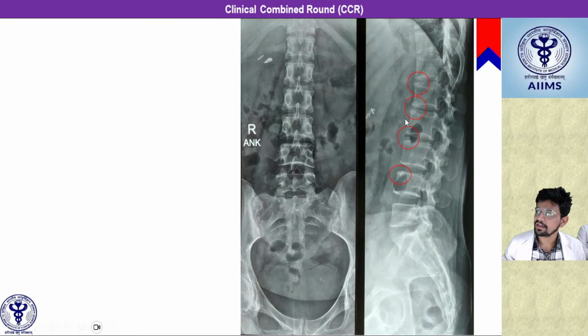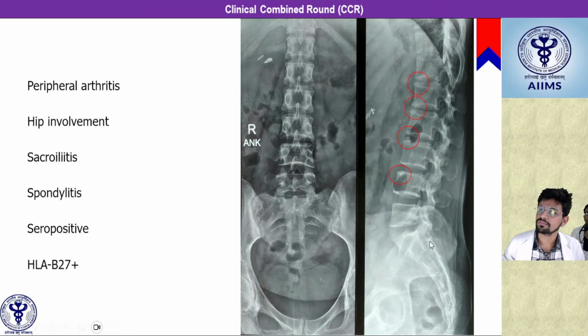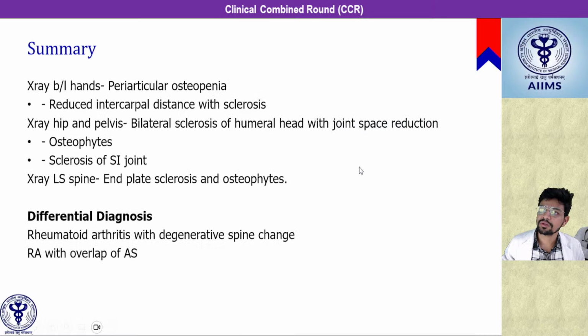And on the spine we can see there are end plate sclerosis, and there is some amount of degenerative change in the form of some osteophytes, and there is diffuse osteopenia. So to summarize, there is reduced intercarpal distance, and our differential in this case would be more towards rheumatoid arthritis. In psoriatic arthritis, we don't see an osteopenic bone, and also this can be an overlap with AS based on the spine and the pelvic X-ray.